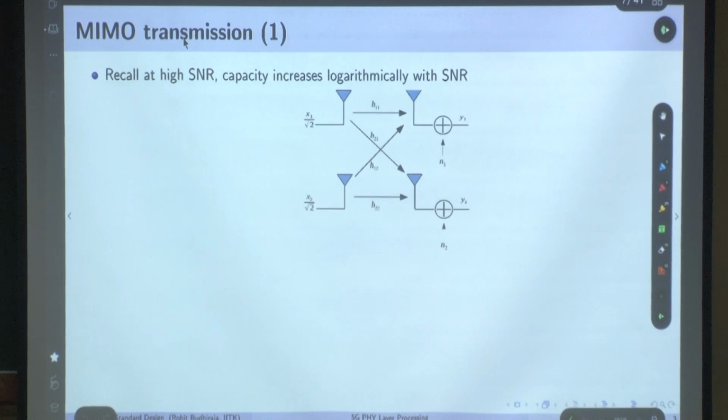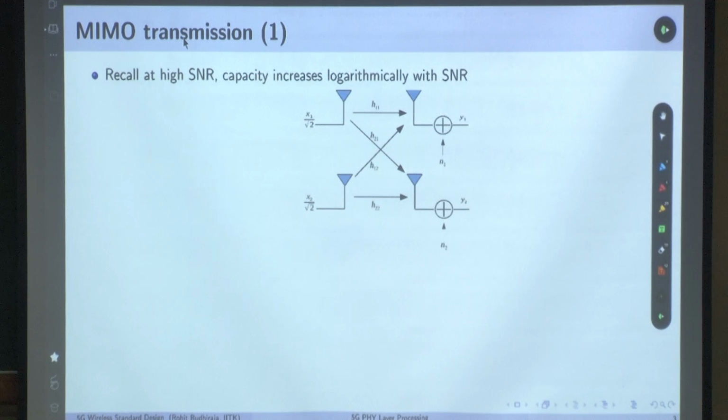Now, what I am going to show you is that in high SNR, where increasing the SNR is not very tempting, you can do something different to get a linear increase in the capacity, which happened in the low SNR case. In the low SNR case, if you increase the SNR, the capacity increases linearly with SNR.